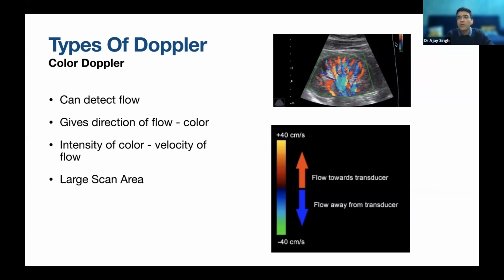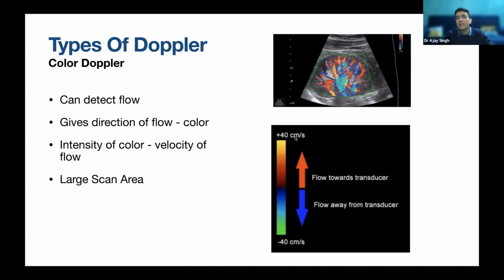In the upper picture, you can see in the right corner there is a color map which has been enlarged in the picture below. In this color map, the color on the upper side is taken as the standard that represents flow towards the transducer, and the color on the lower side represents flow away from the transducer. On this color map, we can also adjust the scale.